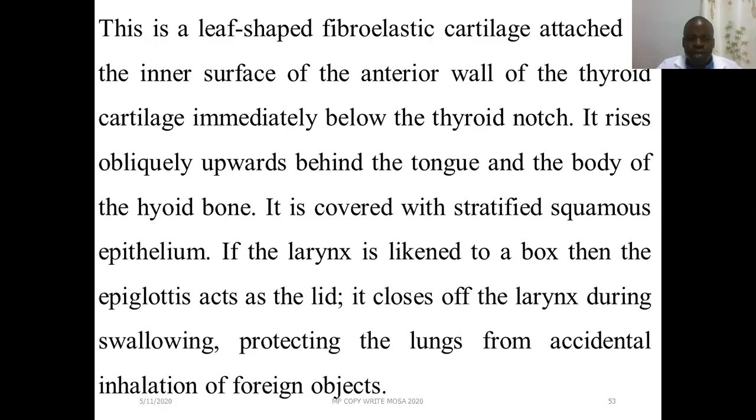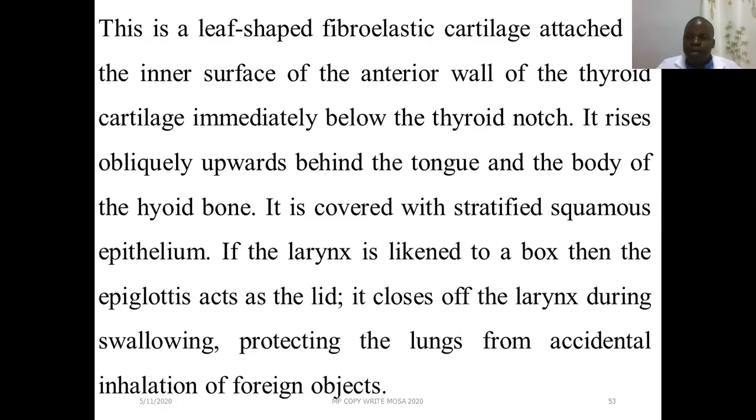If the pharynx is likened to a box, then the epiglottis acts as the lid. It closes off the larynx during swallowing, protecting the lungs from accidental inhalation of foreign bodies.